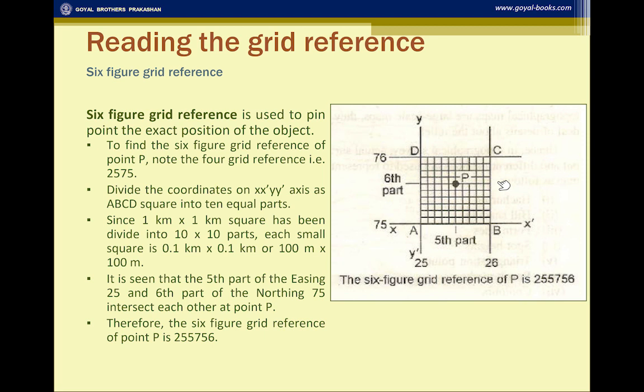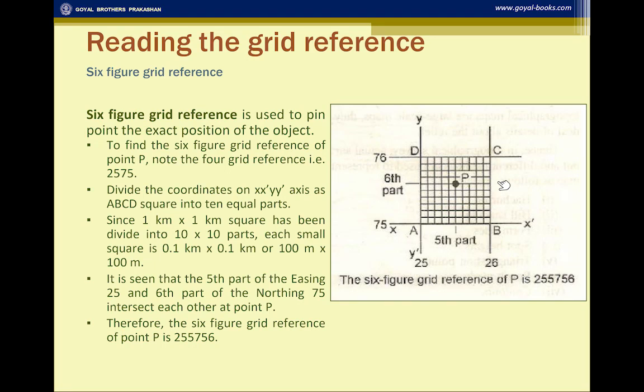For example, here 2575 is the 4-figure grid reference of point P. Now, if we wish to find out the exact position where the easting and northing of this grid intersect each other, showing the position of P, we must divide it mentally into 10 parts. Now, when I say mentally, it means that generally we can find out which is the 5th part of this easting and which is the 5th part of this northing.